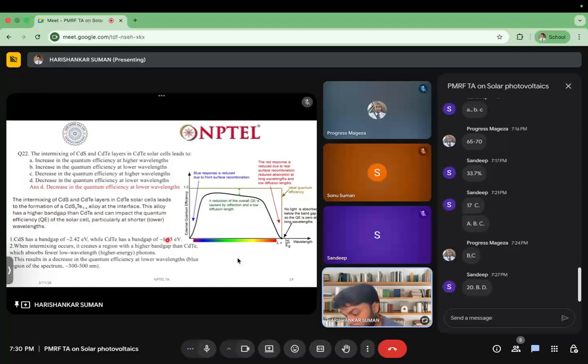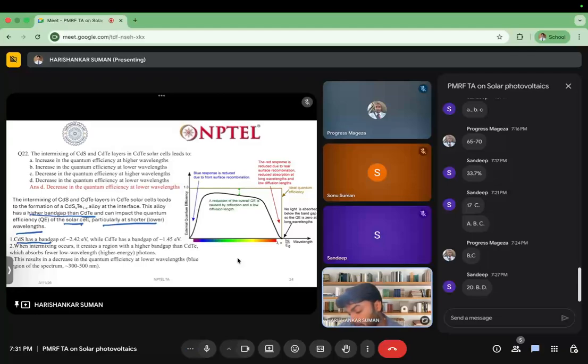Explanation: the intermixing of cadmium sulfide and cadmium telluride in the cadmium telluride solar cell leads to the transformation of this into an alloy, CdS(x)Te(1-x), at the interfaces. This alloy has a higher band gap than the cadmium telluride and can impact the quantum efficiency of the solar cell, particularly at shorter wavelength. Cadmium sulfide band gap is nearly 2.42 eV, while cadmium telluride has 1.45.